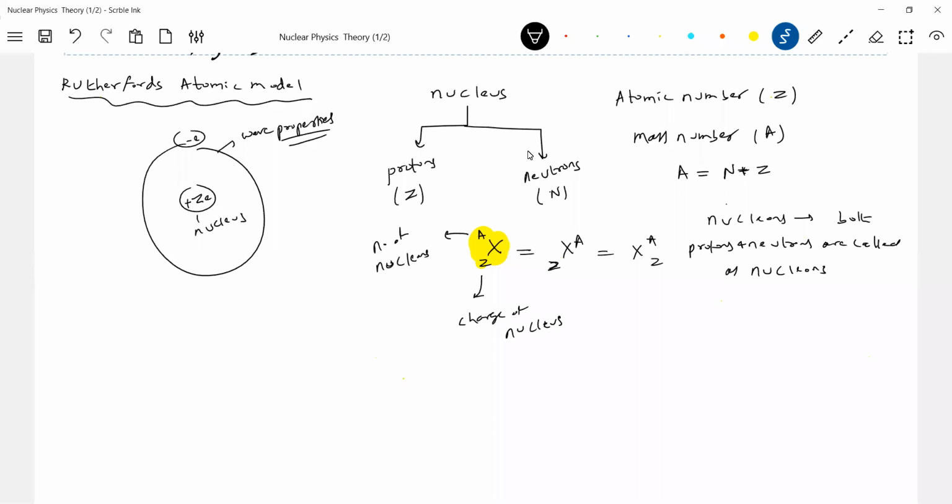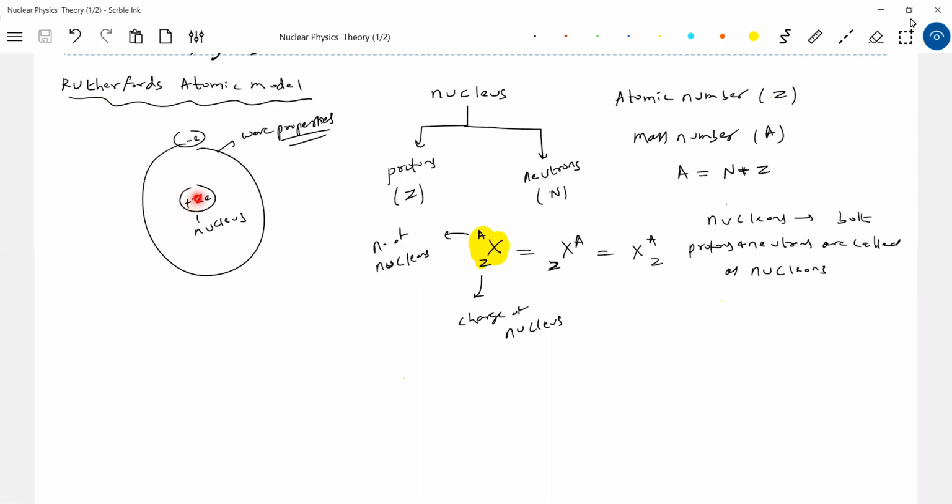Now, what is our main purpose? We have to study the nucleus. That's nuclear physics. The name of the chapter itself is nuclear physics. We have to study the nucleus and its properties. What do I mean by properties? What is its mass, that's what we call the mass number. Then what is its radius? What is the density?